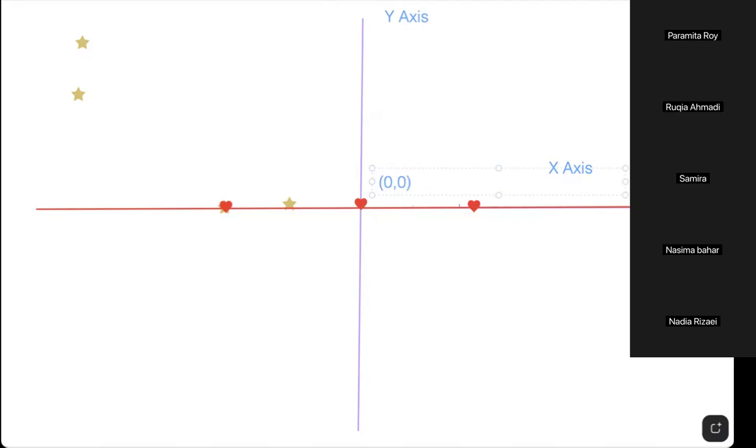So both the value of x and y is 0 right at the center. But as it goes right, it becomes positive. As it goes left, it becomes negative. As it goes up, the y-axis is positive. Down, the y-axis is negative.